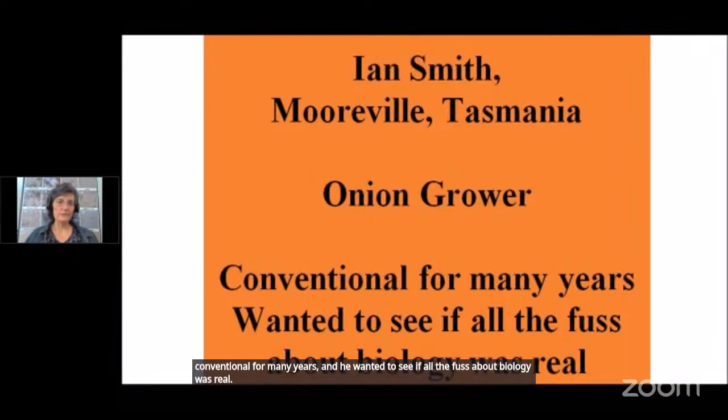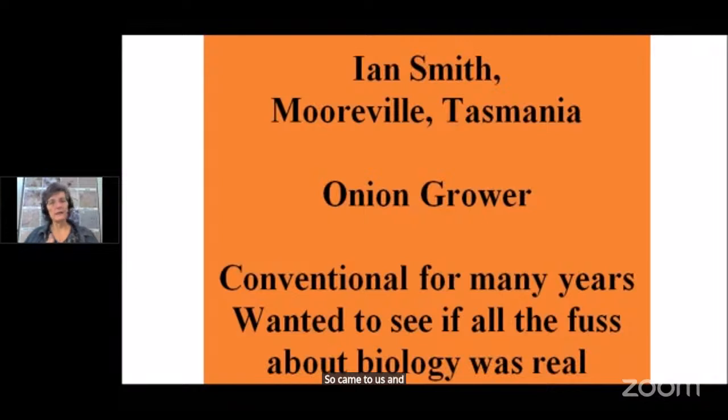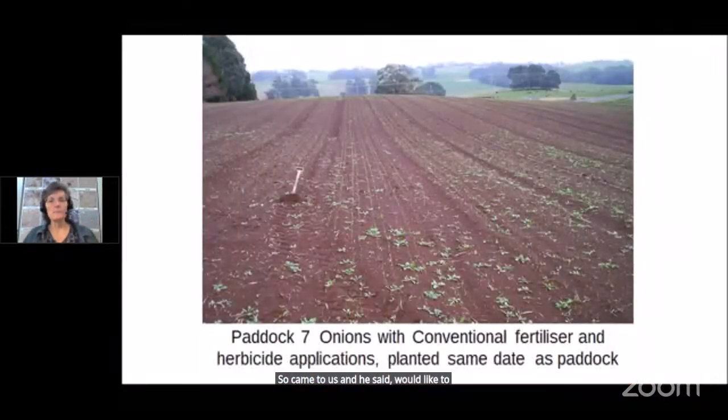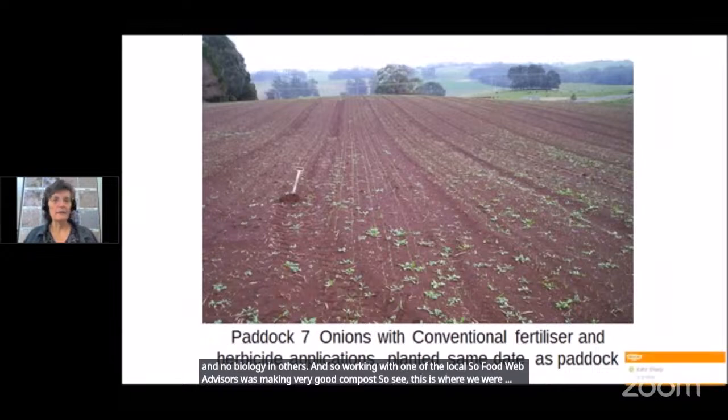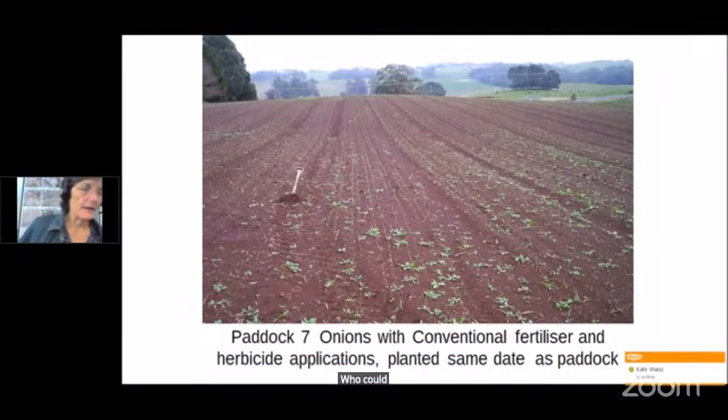So he came to us and said he would like to trial biology in some of his fields and no biology in others. And so, working with one of the local soil food web advisors who was making very good compost, this is where we were lucky. There was a person close by who already had the biology that could just be used for these trials.